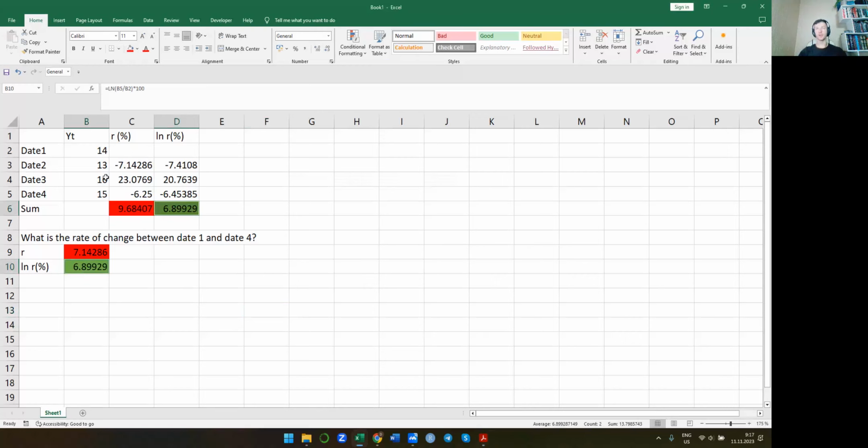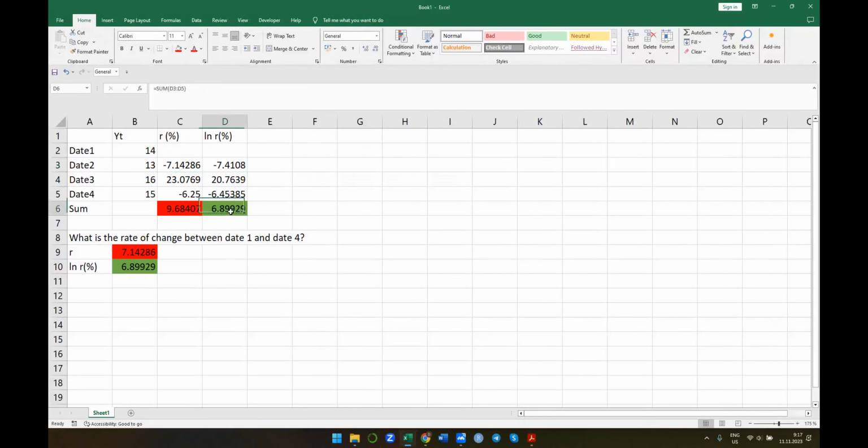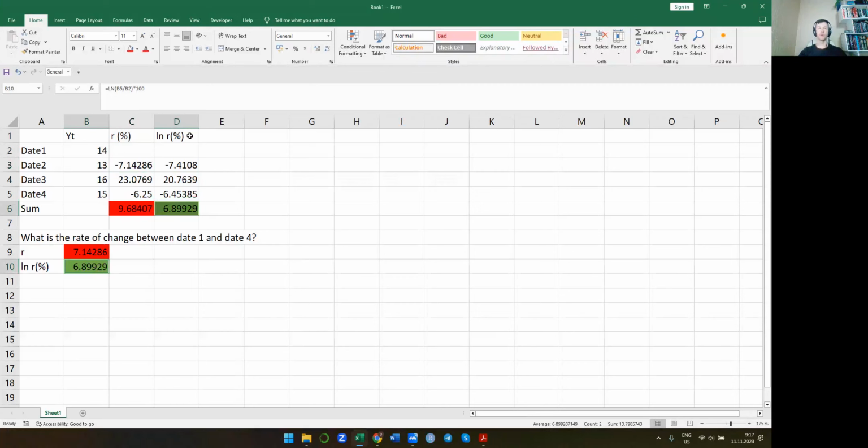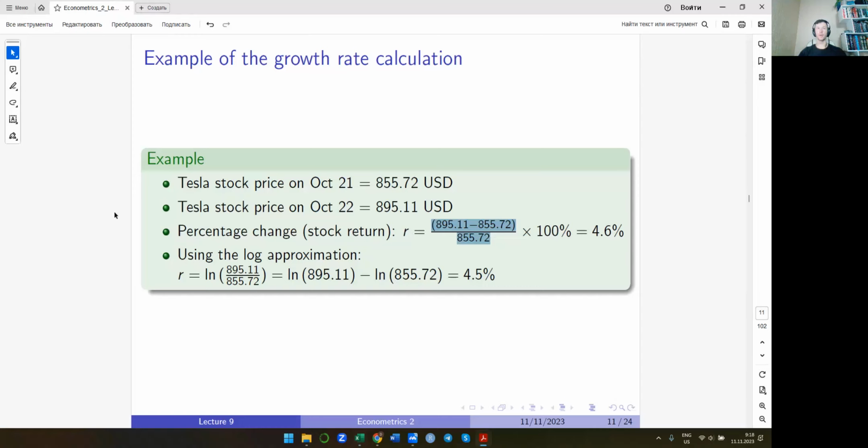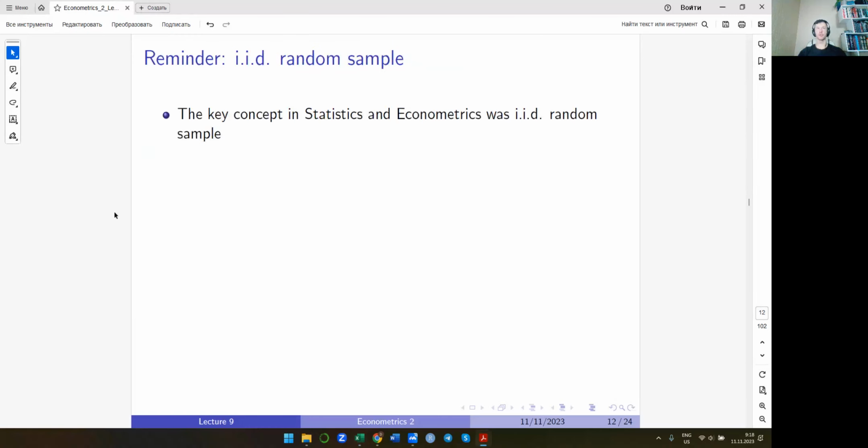Whenever there are not large differences between the variables, the log return is near the usual return, and the sum of these returns exactly matches the log return over the larger periods. This is an important thing to understand. Why do we use these logs?